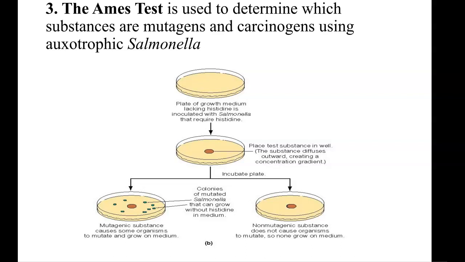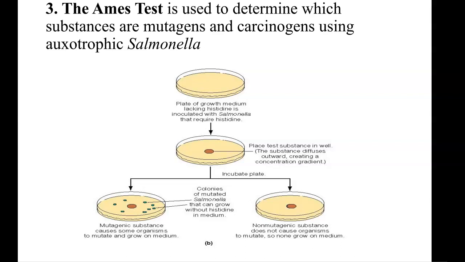This is going to be important if we're working with chemicals in the lab because we want to take some safety precautions. If a pharmaceutical company is putting out a drug, they want to prove that this drug does not cause mutations and does not cause cancer. The Ames test uses an auxotrophic form of Salmonella. Remember, this auxotrophic form has special nutrient requirements.